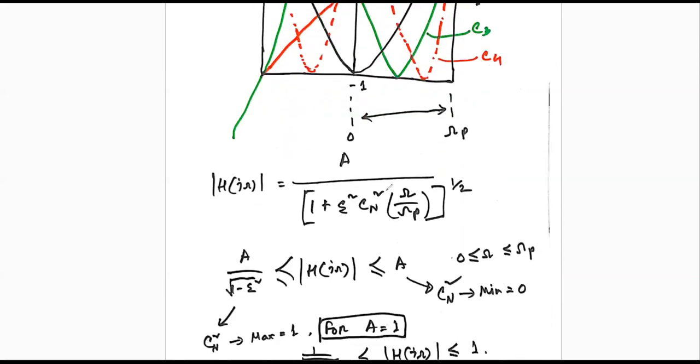When you have the minimum 0, then what is the number? The total number is 0. And what is the amplitude in that case?